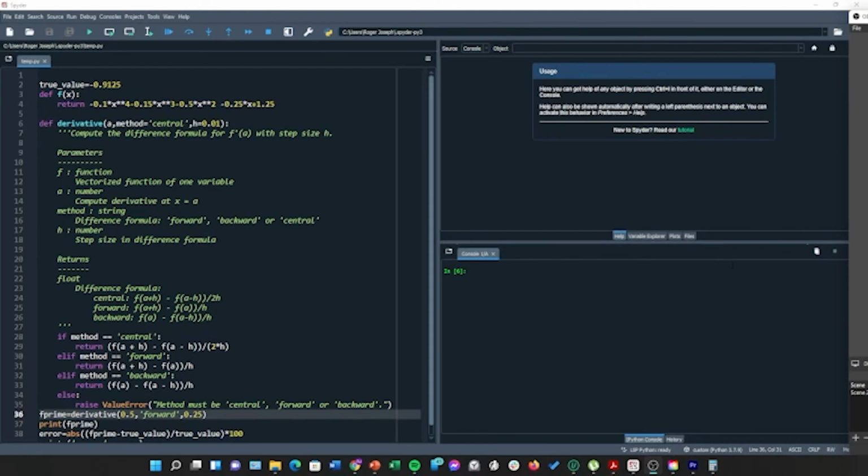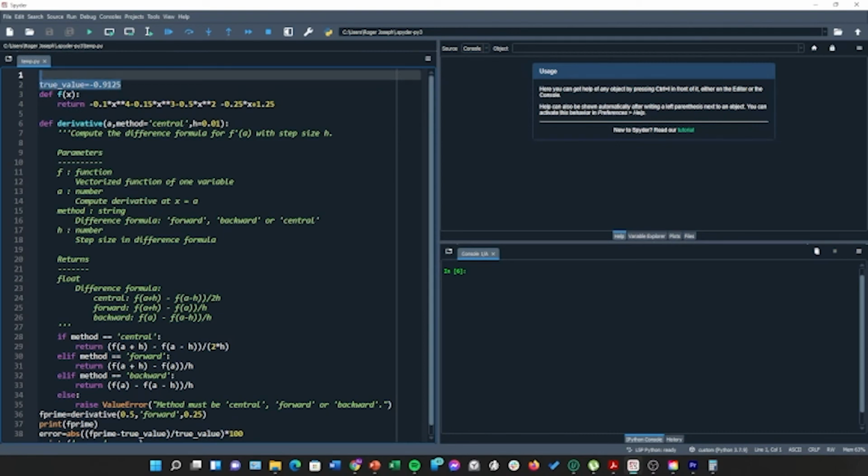Now, to save time, we'll use Python code to solve for h equal to 0.25 for forward, backward, and central difference. First I assigned the true value of negative 0.9125.